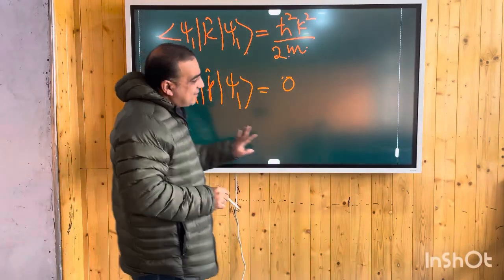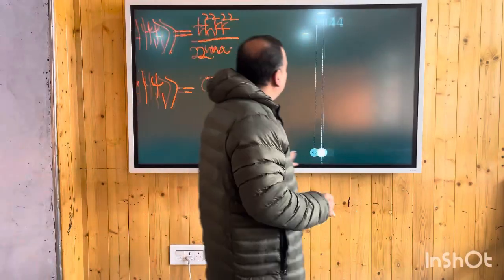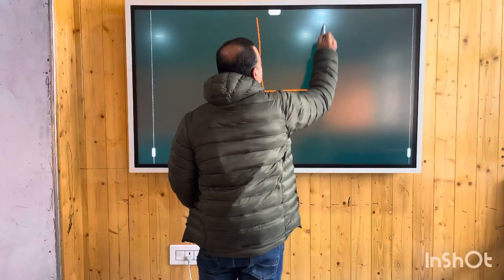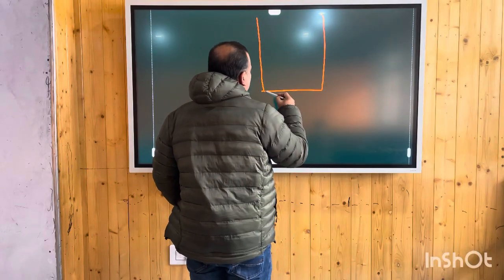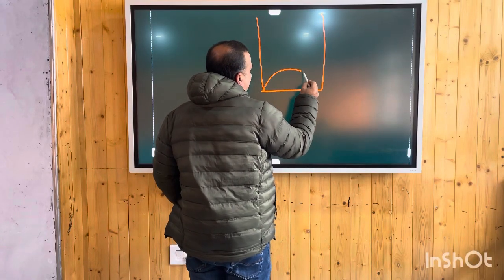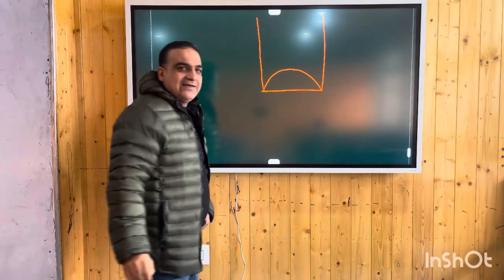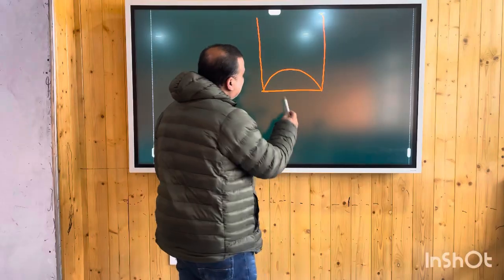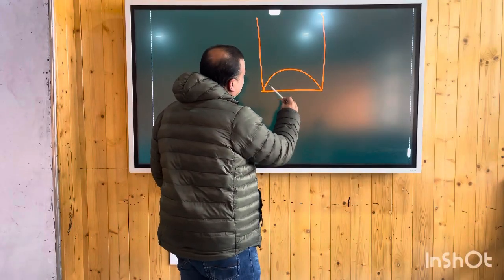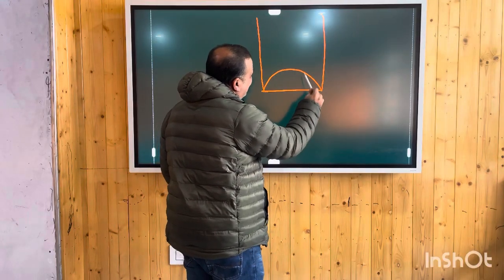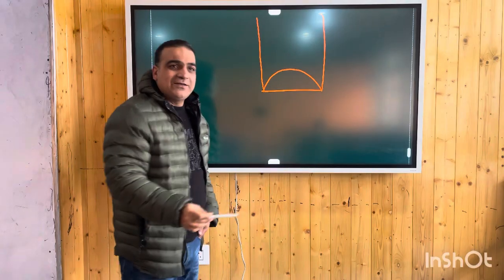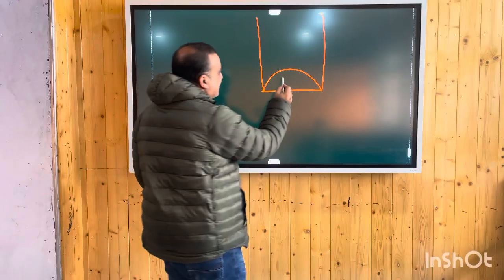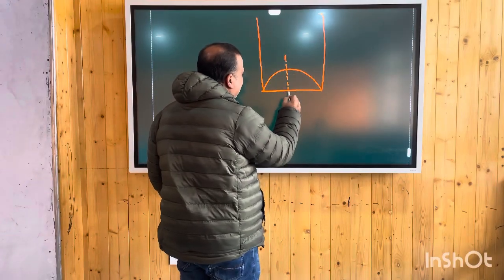So if we try to understand this physically first, it's like this. If you draw the probability density for this state, the probability density will be something like this. So what does that mean? That means the probability for this particle to be everywhere on this graph. Suppose this is the center.